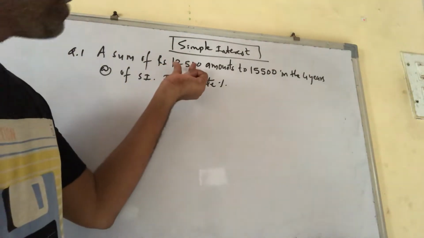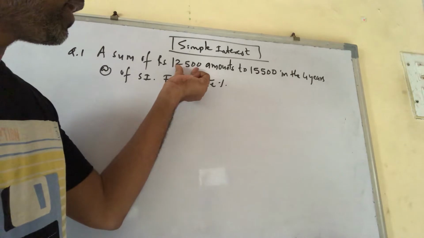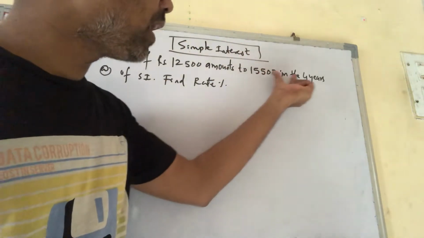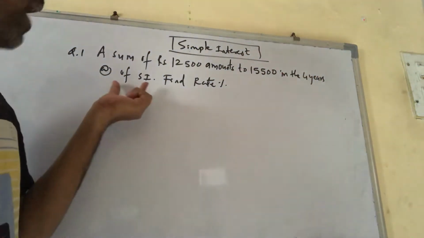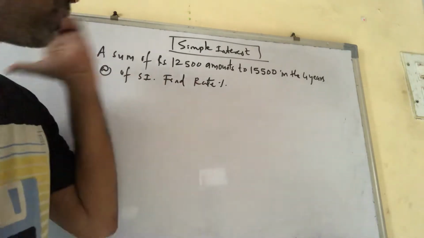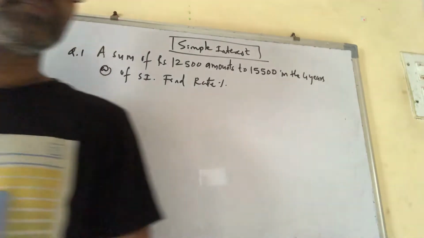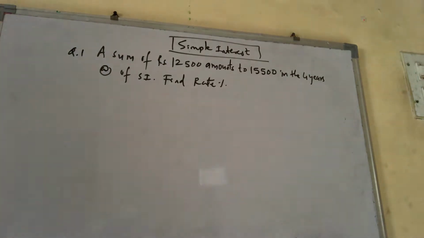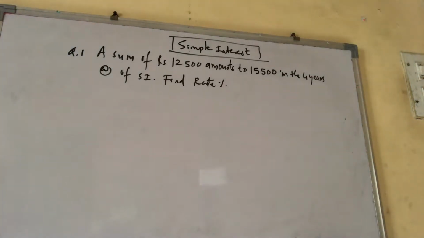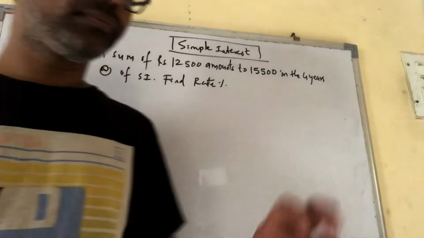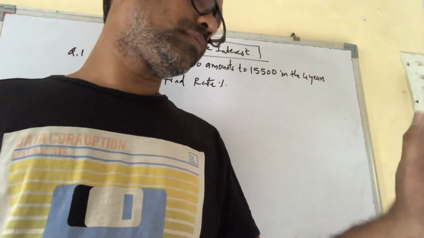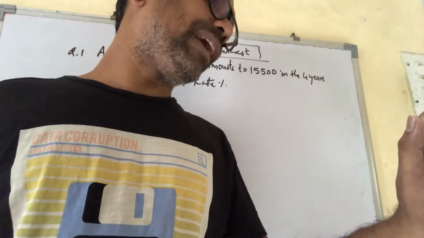See, a sum of 12,500 becomes 15,500 in how many years? 4 years at the rate of simple interest, and find rate percent. Amol saying 5.1%.